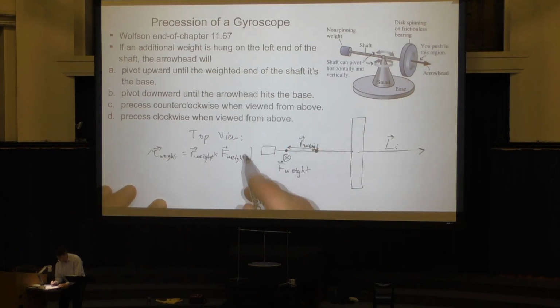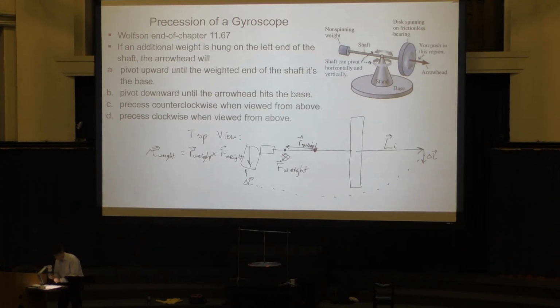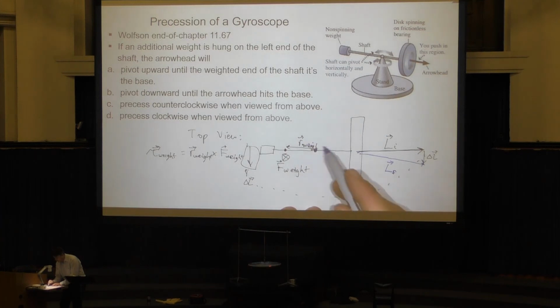So this will be your delta L, which is going to add to here. A little hard to picture, but since this is your original L vector, when you add that delta L, this will be your final, a little moment later. And then you can imagine that'll move the weight, so it'll continue going all the way around like that.